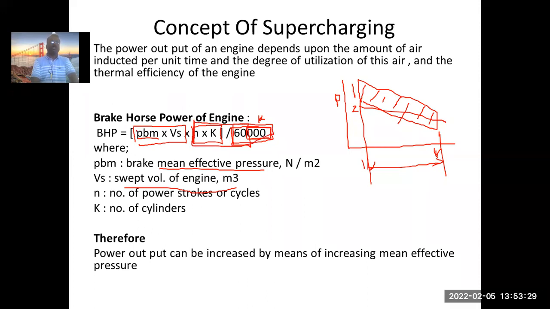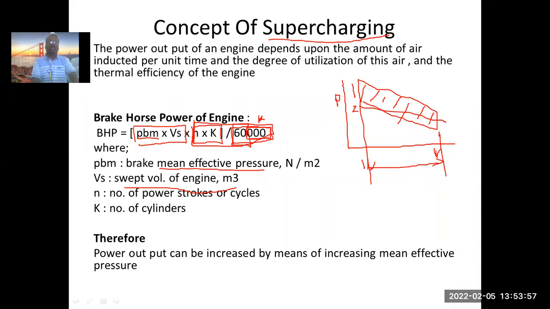So what we need to understand here is P, which is effective pressure multiplied by volume. मग आपल्याला जर पॉवर वाढवायची असेल तर या सगळ्या गोष्टी विसरून जाऊया आपण. फक्त इथंच आपण बघितलं तर आपल्याला व्हॉल्यूम चेंज करायचं शक्य नाहीये. स्ट्रोक लेंथ चेक करायचं, कारण एकदा डिझाइन केलं आपण इंजिन, म्हणजे आपल्याला स्ट्रोक व्हॉल्यूम चेंज करू शकत नाही. But we can increase the mean effective pressure. Now how to increase the mean effective pressure?